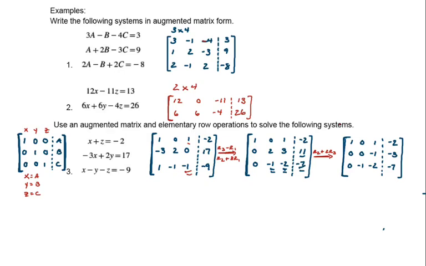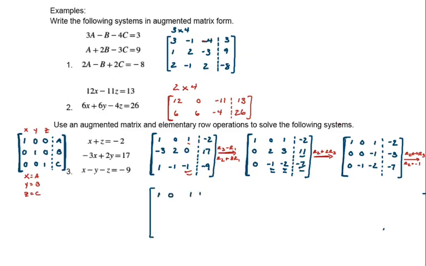The next thing I'm going to do is exchange row 2 and row 3, just because if I look at what I have in row 2, I have 0 for x, 0 for y, and z. Not that you have to exchange them, but doing so would actually start to get it in that form I mentioned at the very beginning of the problem. So if I do that, I would rewrite my matrix, and I would replace those two.